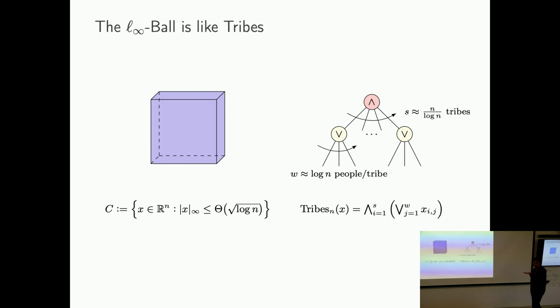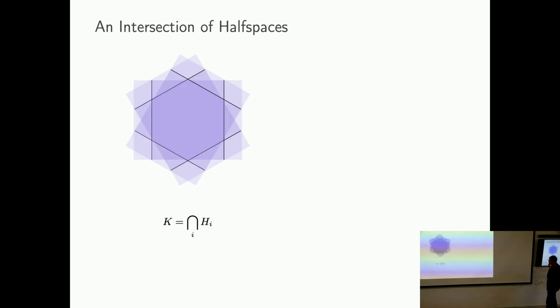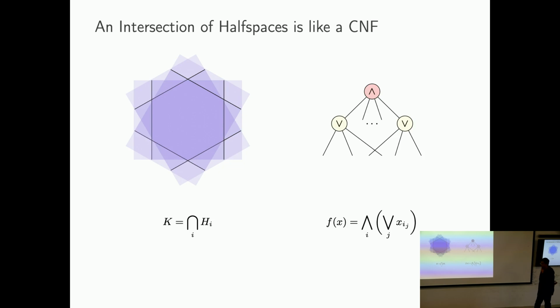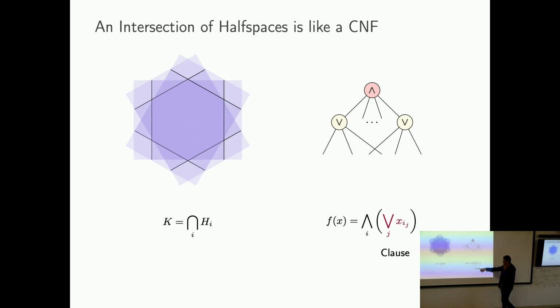So more generally, this example suggests that an intersection of half spaces behaves a lot like an AND of ORs. Yeah? So intersections of half spaces behave a little bit like depth two Boolean circuits. And just to introduce language, I'm going to call an OR a clause, standard terminology.